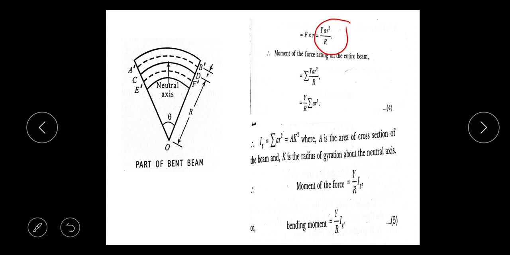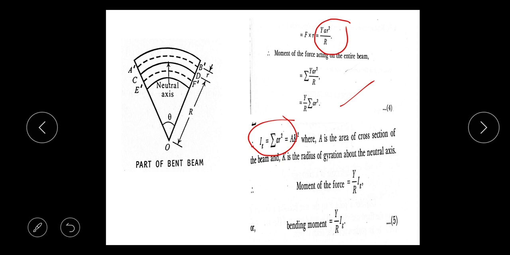Now we'll consider different surfaces in a given beam. That means moment of force along the entire beam. Summation of Y A r square by R, that is equal to Y by R summation of A r square. Now we take summation of A r square as Ig, and Ig is called the moment of inertia.